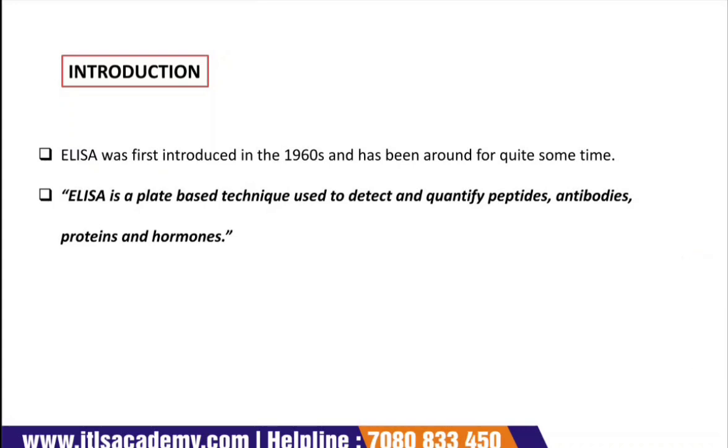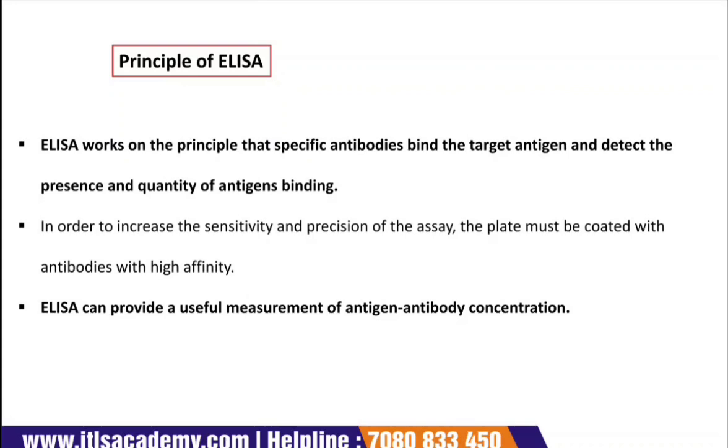Okay, now let's see the principle part of ELISA. On which principle does ELISA work, or what is the principle of ELISA? ELISA works on the principle that specific antibodies bind with the target antigen, and after binding with the target antigen, they detect the presence and quantity of the antigen binding.